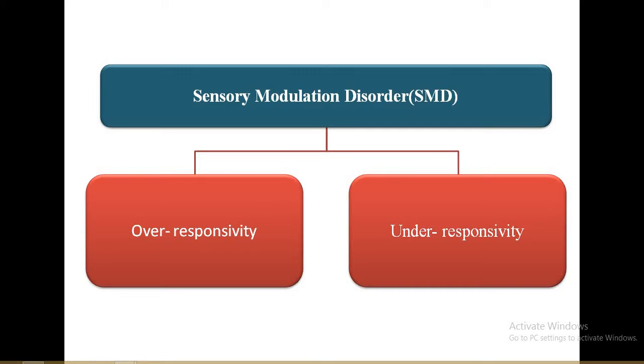It refers to the amount of stimulation required for a neuron or neuron system to respond. And there are two types of threshold. One is low threshold, also called quick responder, and the other one is high threshold, meaning more slowly than expected.